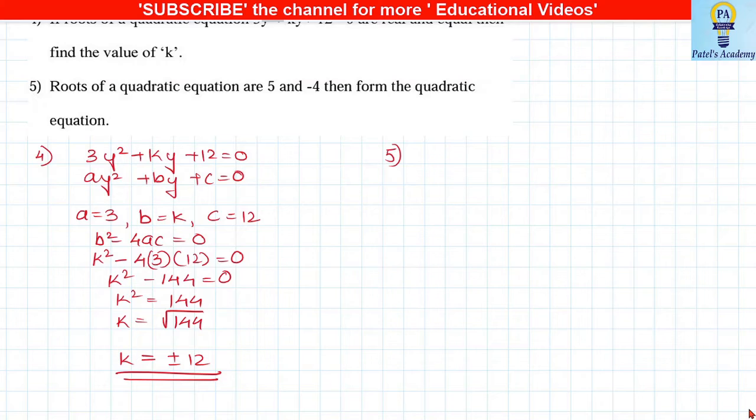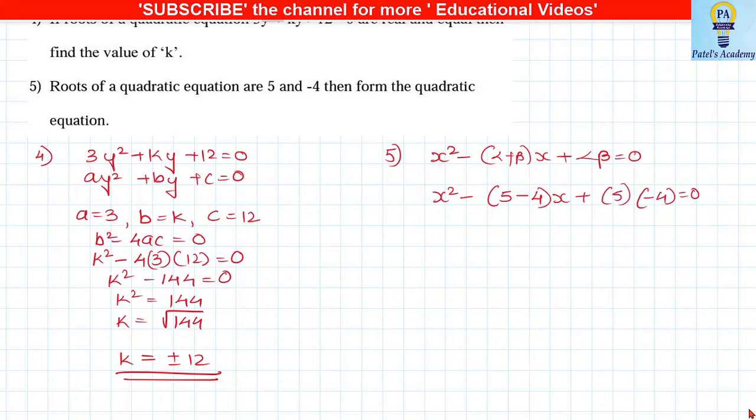Okay, so the next is the roots of the equation are given. Again, similar type of question we got. We have to form the equation. So the equation is x square minus sum of the roots into x plus product of the roots. So just substitute the values. Alpha is 5, beta is minus 4. So 5 minus 4 into x plus 5 into minus 4.